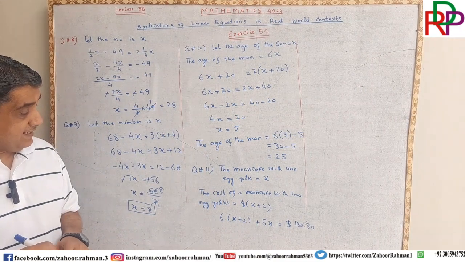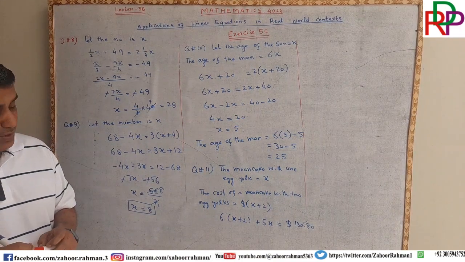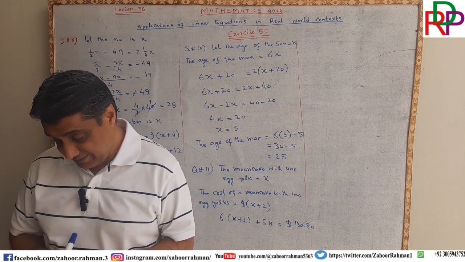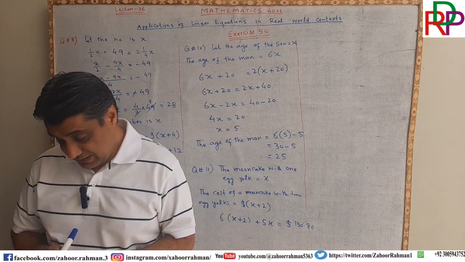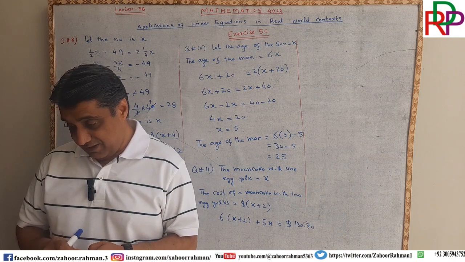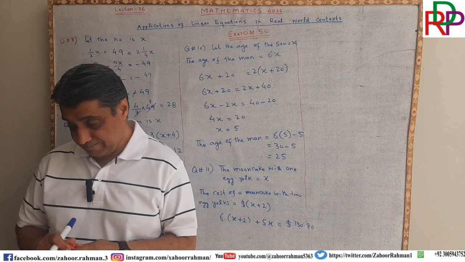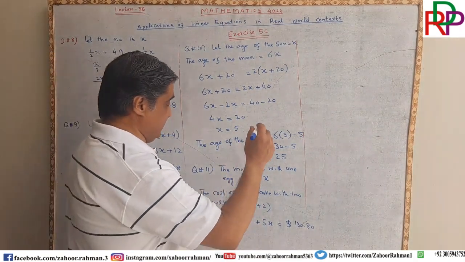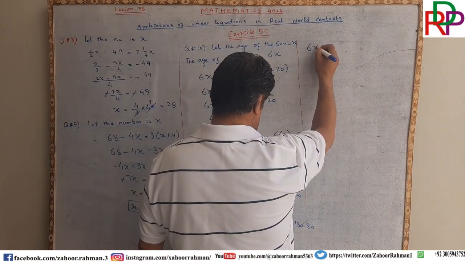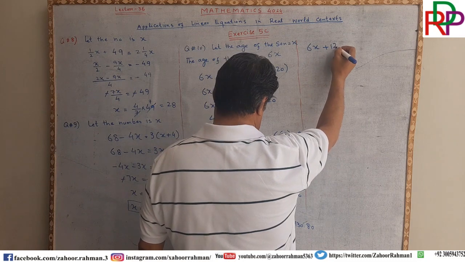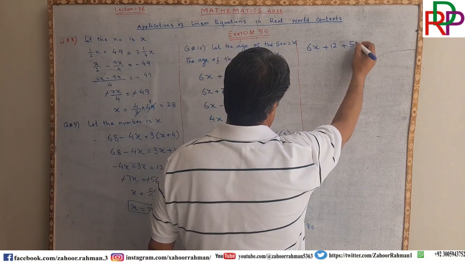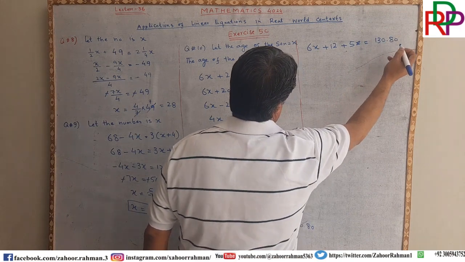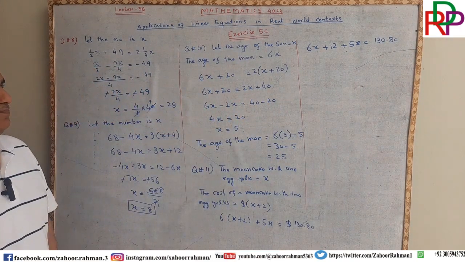So now, one thing more is there, that the question is saying find the cost of the... so first we have to open this: 6x plus 12 plus 5x is equal to 130.80.